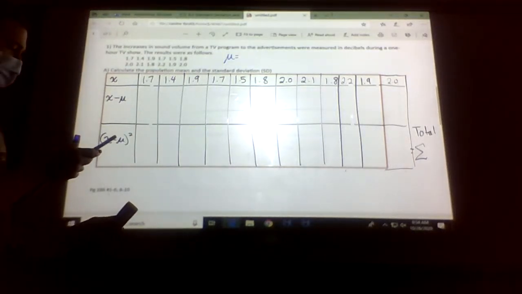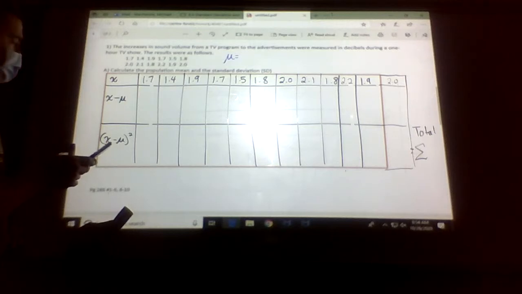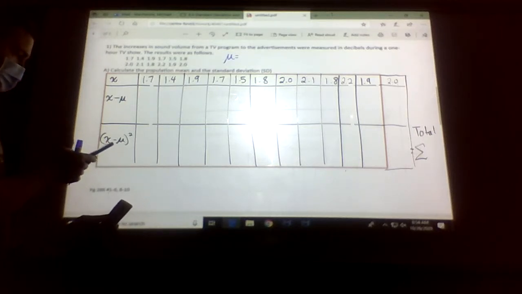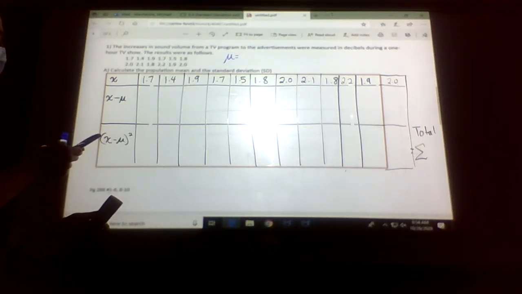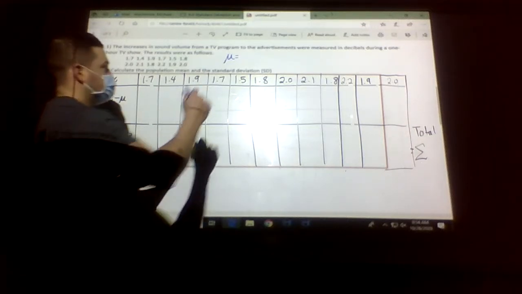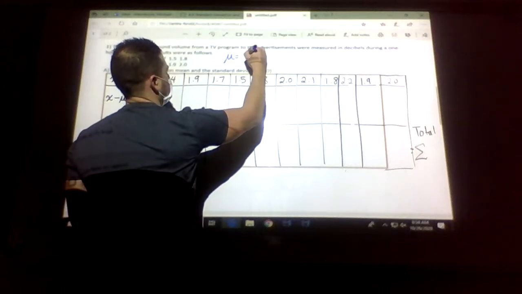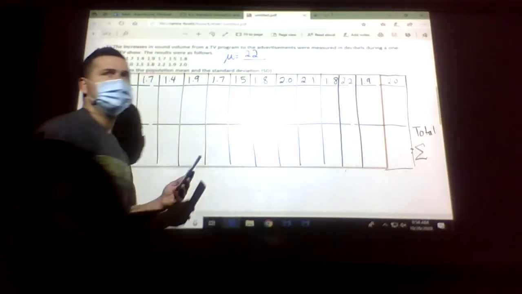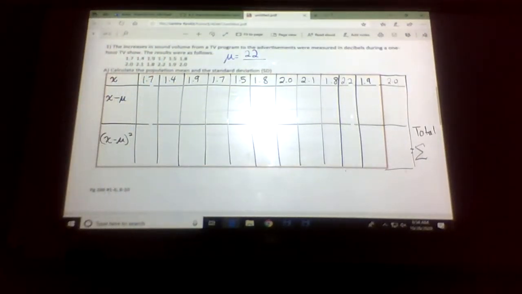So 1.7 plus 1.4, 1.9, plus 1.7, plus 1.5 plus 1.8 plus 2.0, 2.1. So I got 22. Someone double check it. Divided by 12.